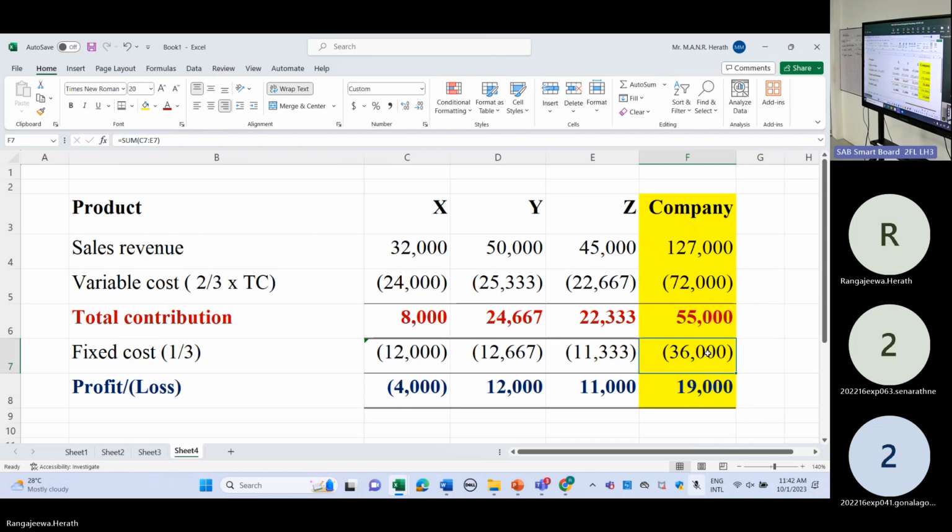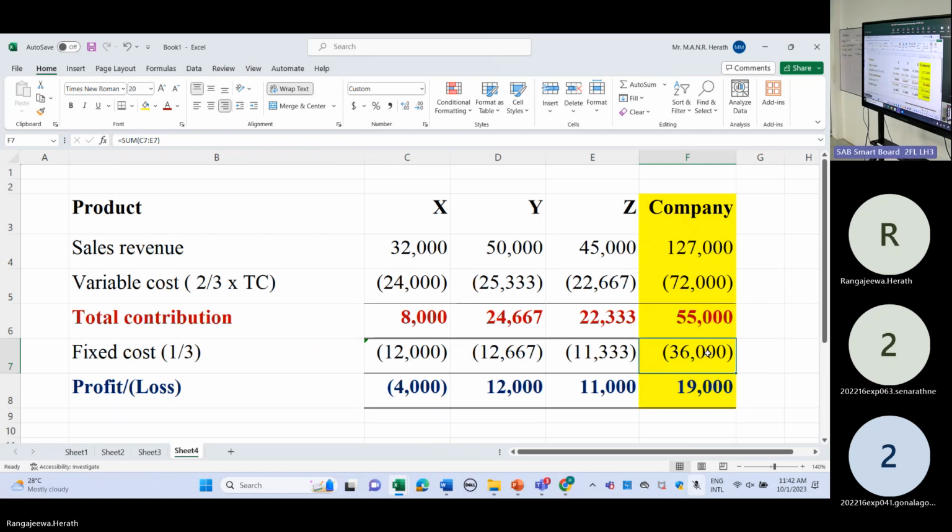If that is the scenario, then the decision of dropping the product should be made purely based on the contribution. If the entire fixed cost of the company is commonly incurred for all three products and unavoidable even by dropping the product X, then the decision should be made purely based on the contribution, totally ignoring the total cost.